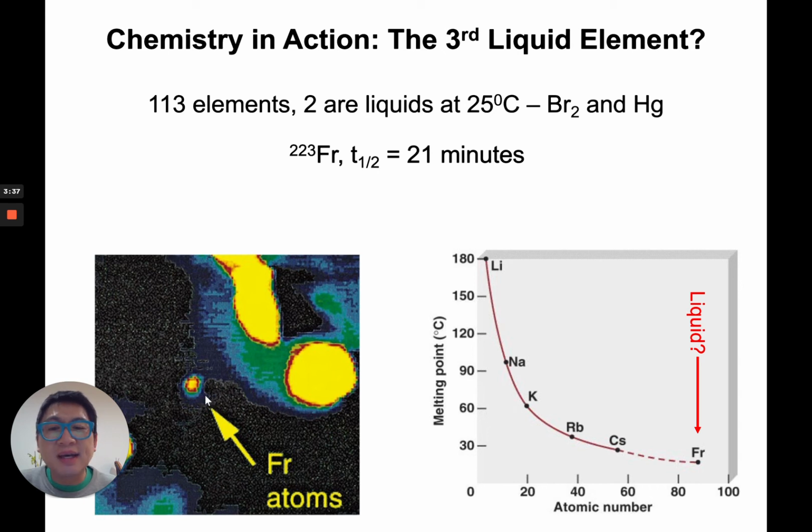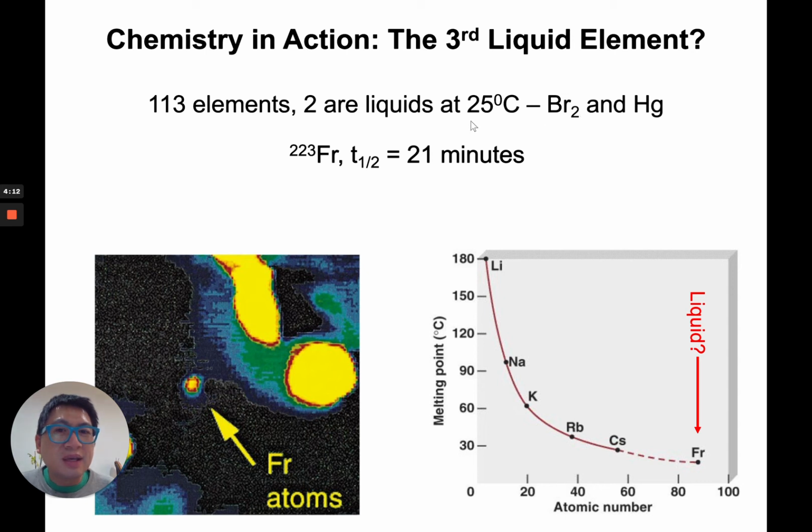Because of that, since we can't exactly purify it and it's so reactive, you're also not getting pure francium. It's francium oxide, or francium in some other compound. It's not pure francium. So this element is extremely reactive and extremely unstable. We don't have pure francium. That's why we don't exactly know, and it doesn't really matter because you'll never have pure francium anyway, but it probably could be a liquid element.